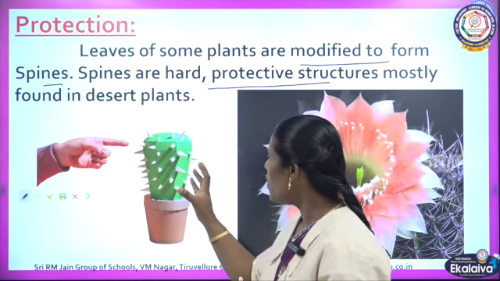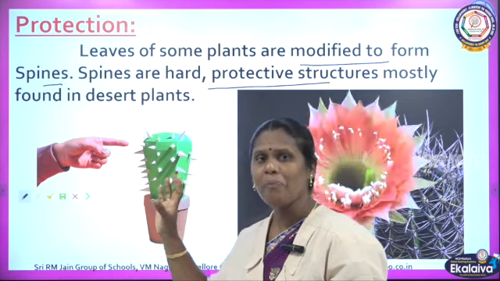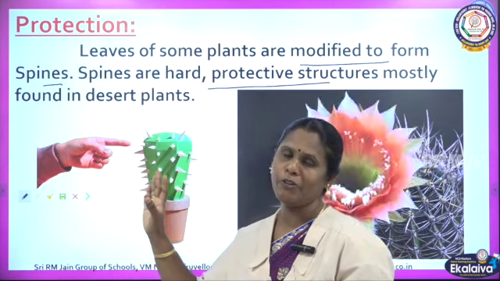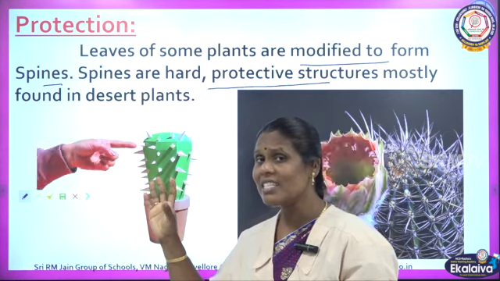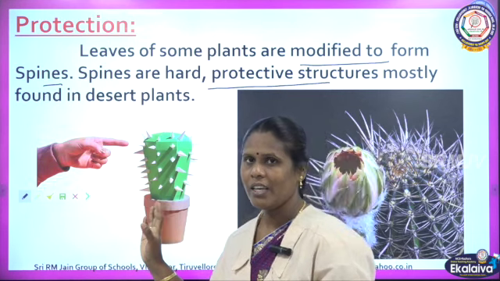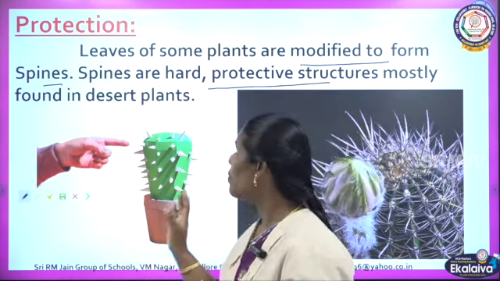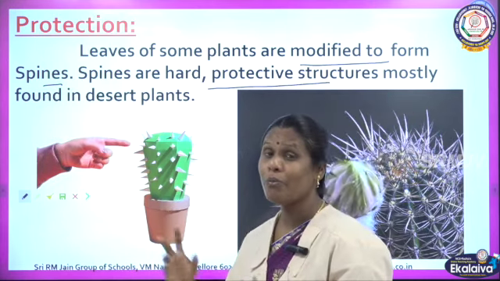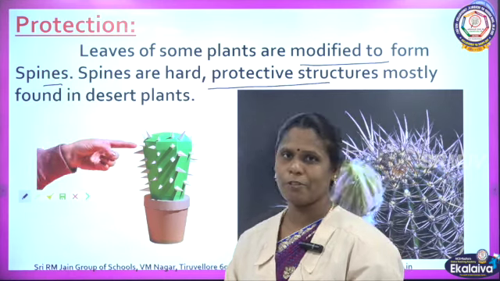Okay, so here in the cactus plants the stem acts as a leaf. So photosynthesis takes place through the stem in the desert area. So here the leaf is modified to give protection. Okay.